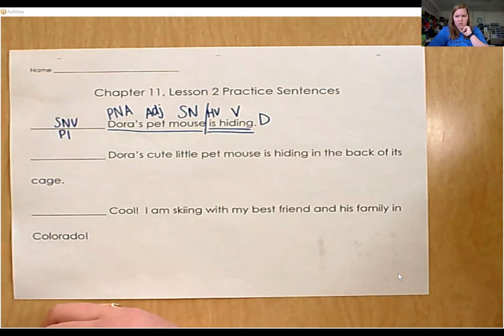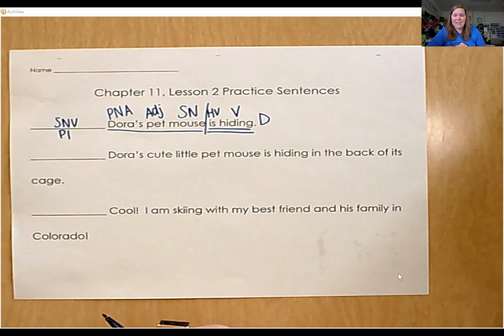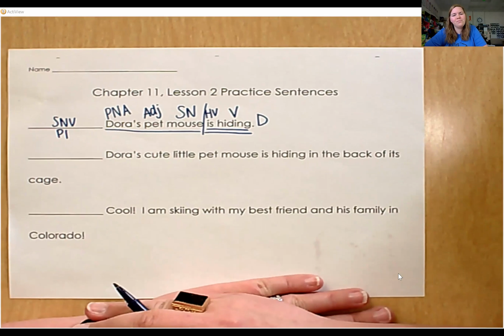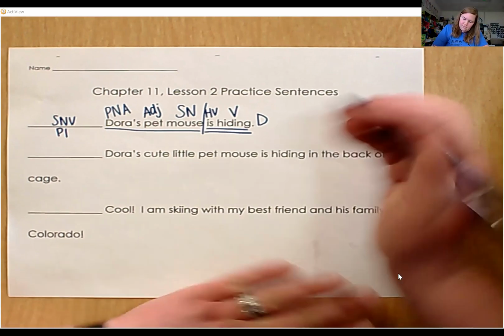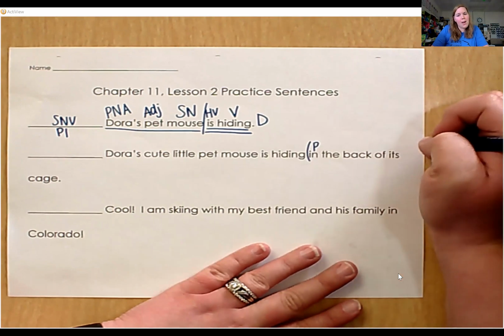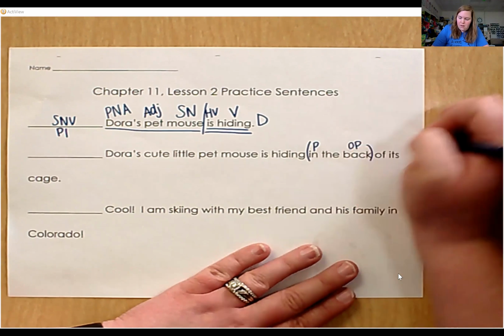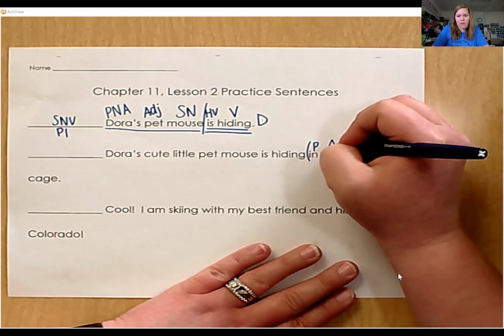Sentence number 2 just adds a little bit more detail. Dora's cute little pet mouse is hiding in the back of its cage. Any prepositions that you see? In what? Back. Object of the preposition. The article adjective.